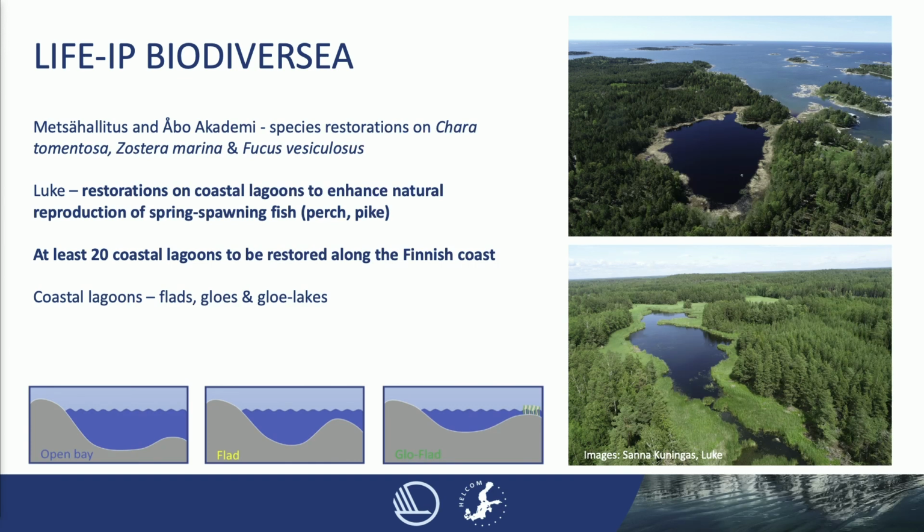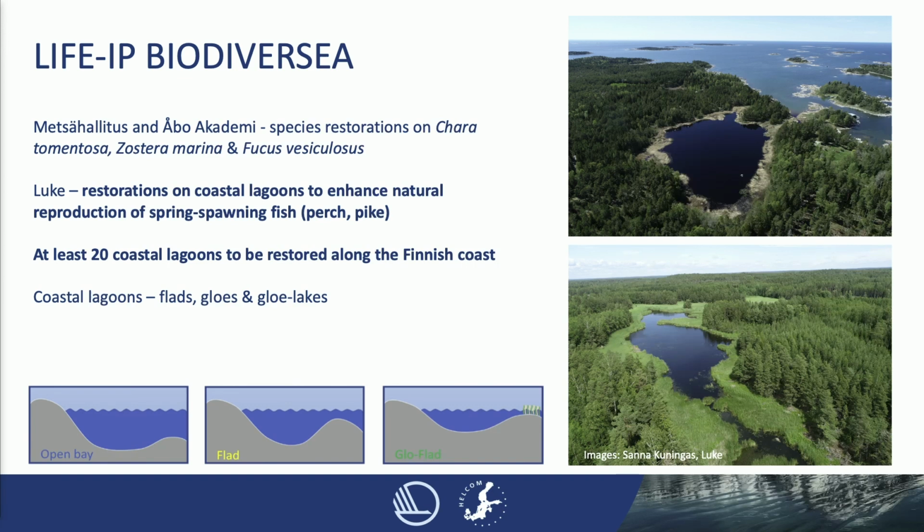Why are these coastal lagoons so important if we talk about spring spawning fish? As you can maybe see in the images on the right, the coastal lagoons are very sheltered, and also, particularly in the springtime, the water temperature is much higher in these coastal lagoons compared to the open sea.